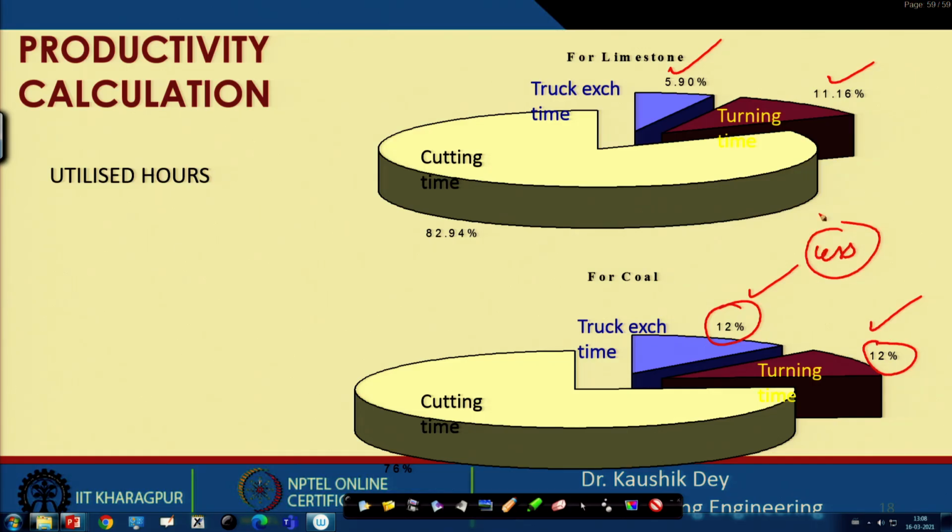So, frequent truck exchange occurred here, that is the first reason. The second reason is that here large size dumpers are used, so the frequency of truck change is less, and these trucks are operated by educated operators. So, they place it more safely, and that is why the truck exchange times are significantly lower in this case.